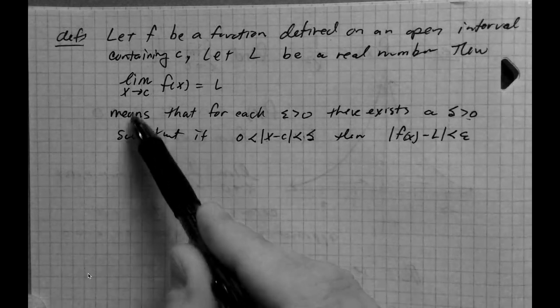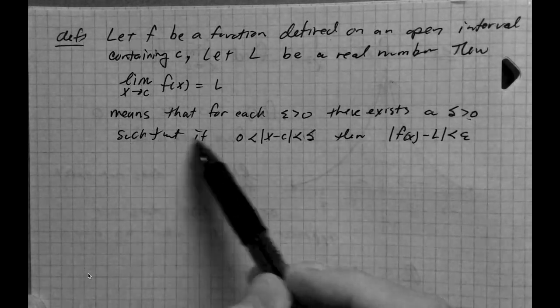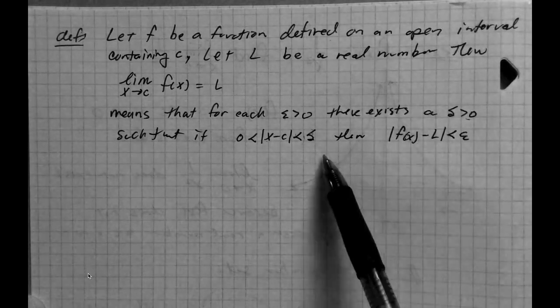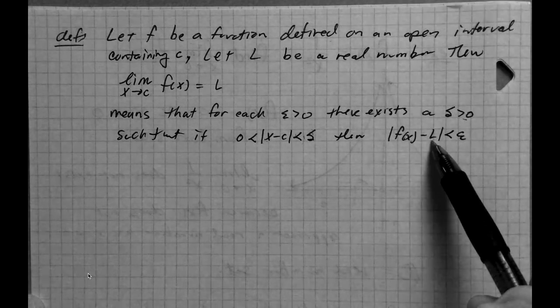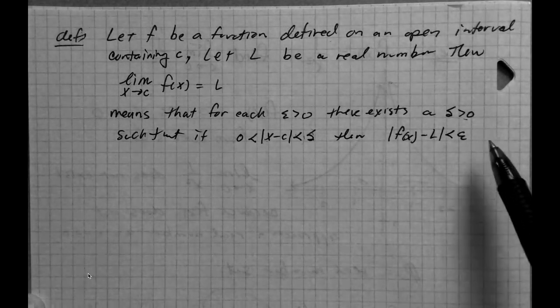So for each epsilon greater than 0, there exists a delta greater than 0, such that if the distance between x and c is less than delta, then the distance between the value of the function and L, the limit, is less than epsilon.